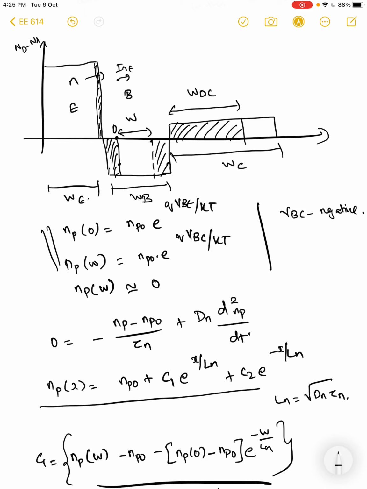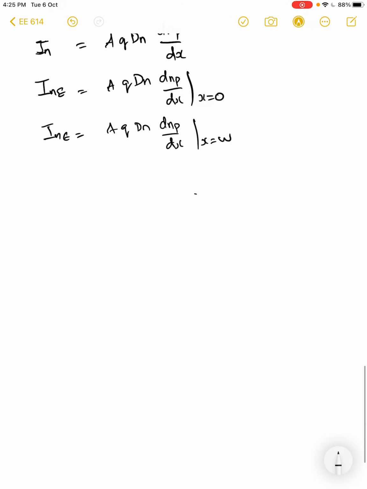And a fraction of them cross this, and then it gets injected into the collector junction. This is ICE. A portion of them is absorbed in the base for base recombination. So this is the two difference that we are talking right now. At x equal to 0, you get INE. At x equal to W, you get ICE. These are the two components that we spoke about, right?